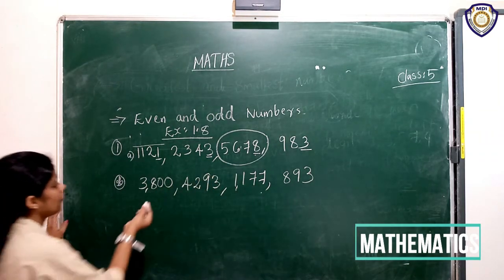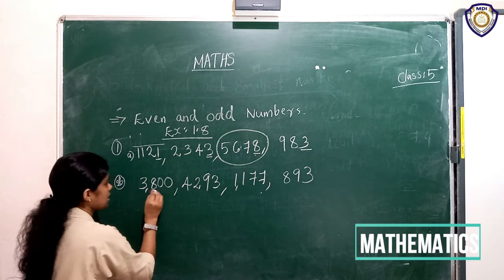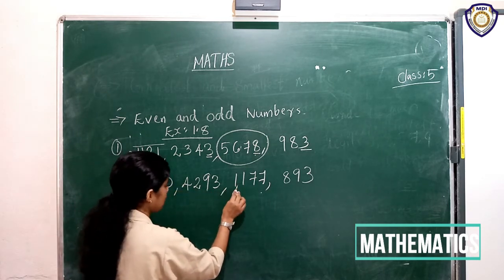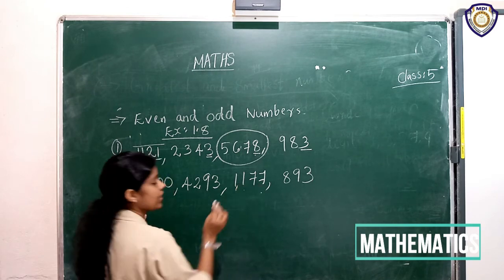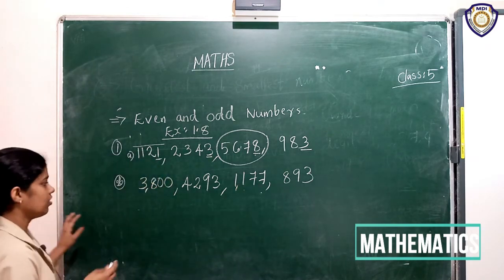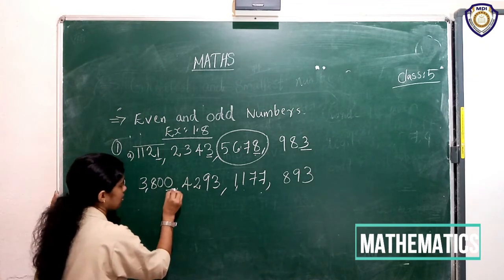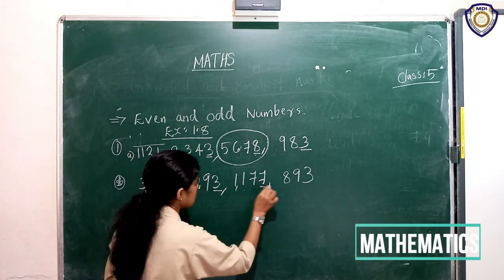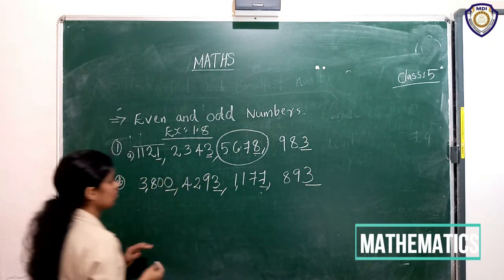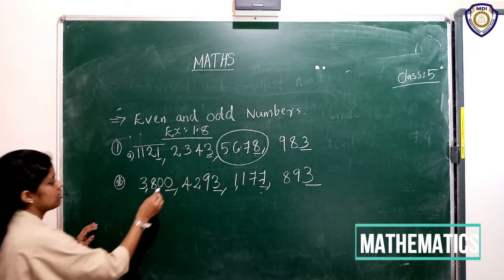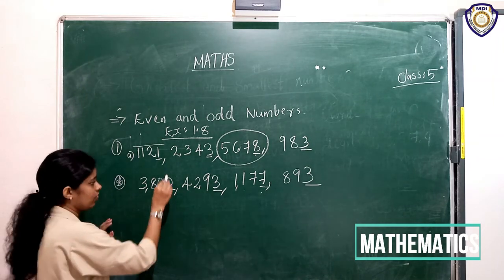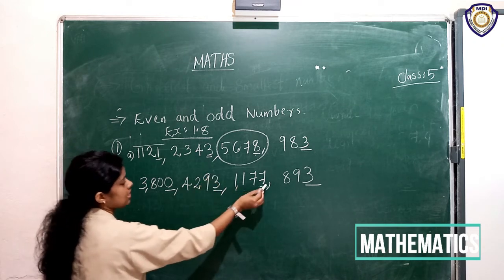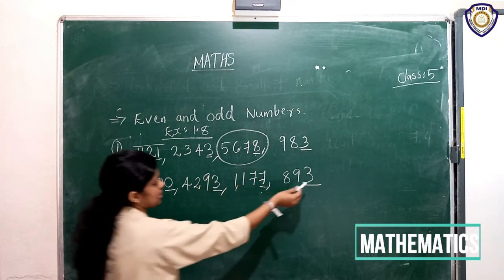Next one: 3800, 4293, 1177, 893. Okay, then the last digit, the ones place digit: 0, 3, 7 and 3. 0 is in the ones place, 3 is in the ones place, 7 is in the ones place and 3 is in the ones place.